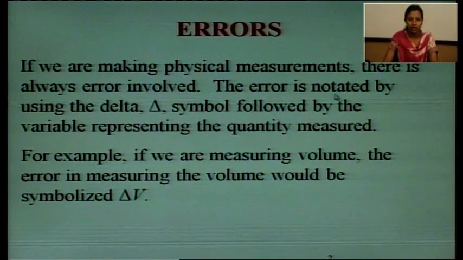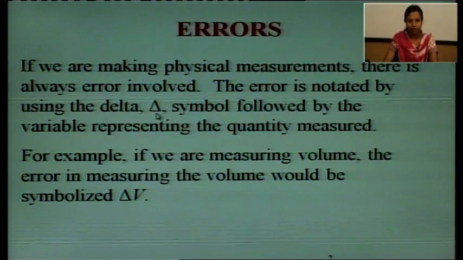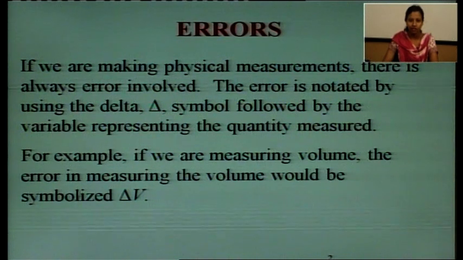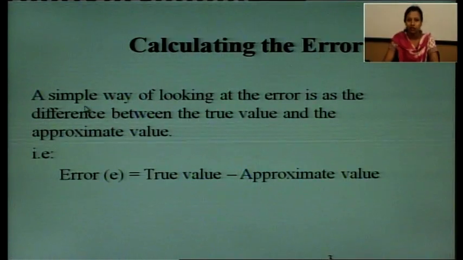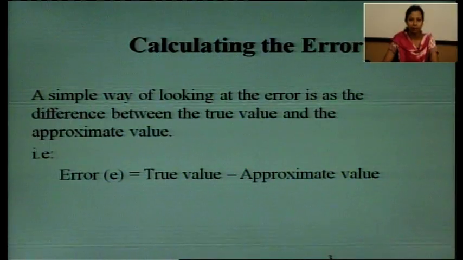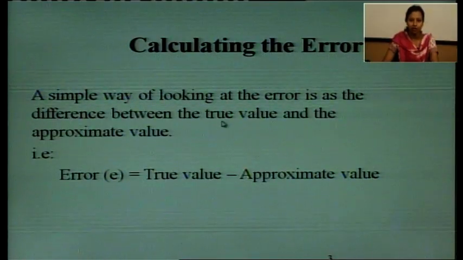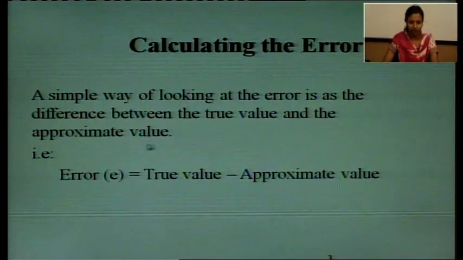The error is denoted by the delta symbol. If we are measuring the volume, then its error is symbolized as delta V, where V is volume and delta represents its error during measurement. A simple way to look at error is that it is the difference between the true value and the approximate value.